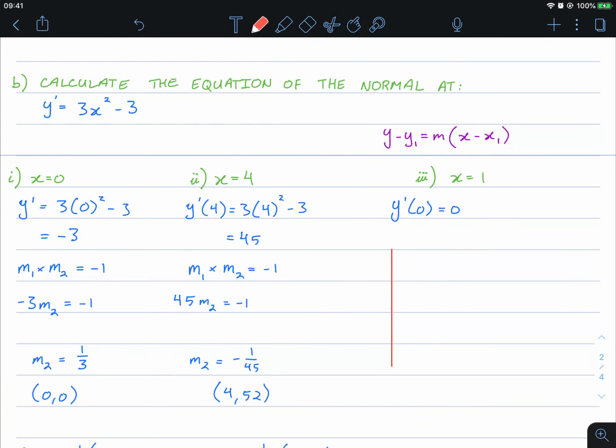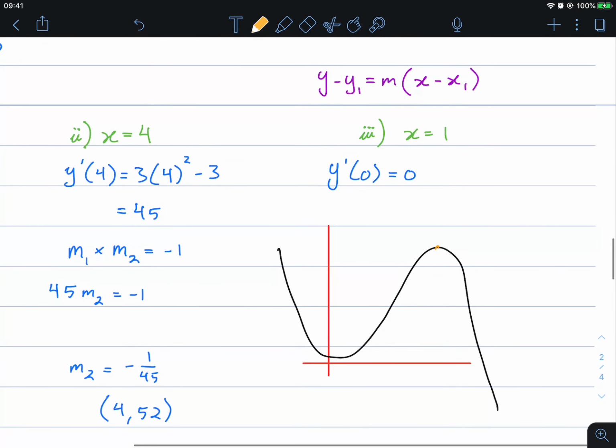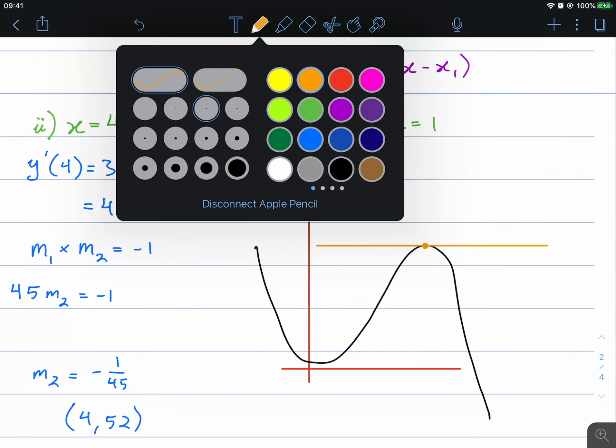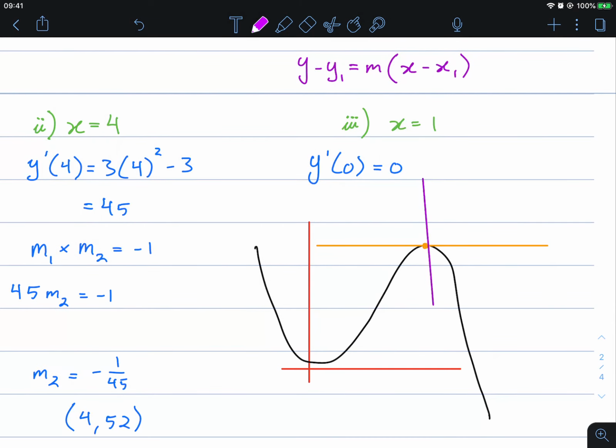So if we have a curve, if we find the gradients at, let's say, this point, it'll be horizontal. If we wanted to find a perpendicular line to that, let's do this in purple, it would actually be going straight down like so.